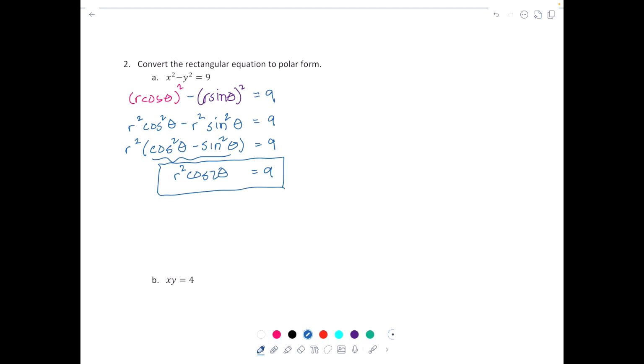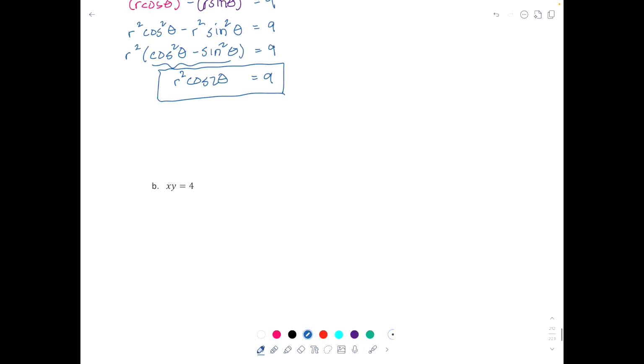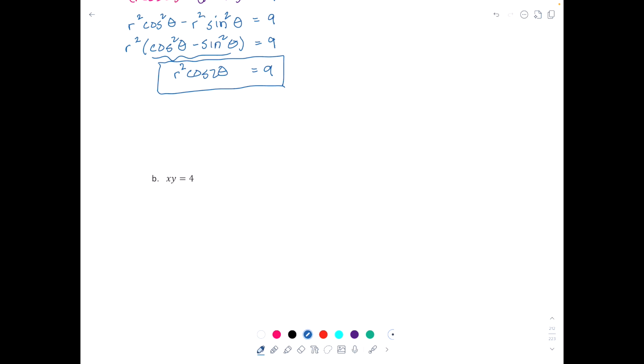Cool, cool? All right, x times y is equal to 4. So again, you're going to have r cosine theta times r sine theta equals 4. So we'll get r squared times cosine theta times sine theta is equal to 4.